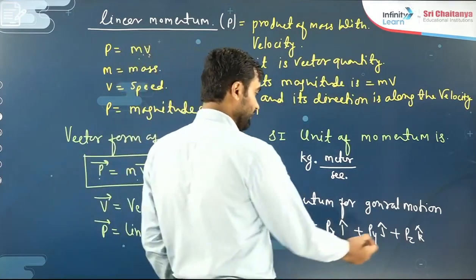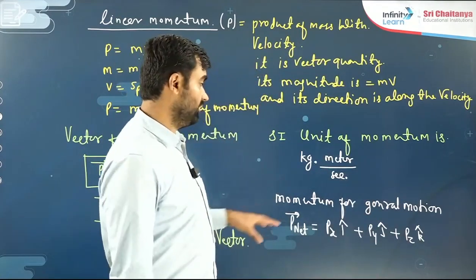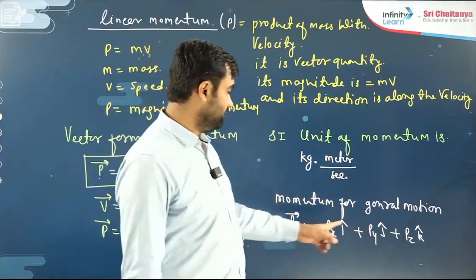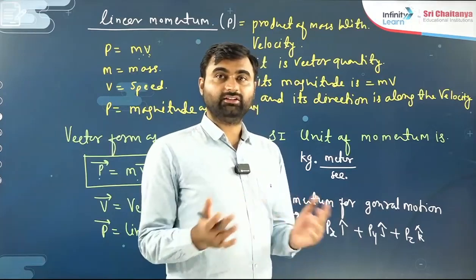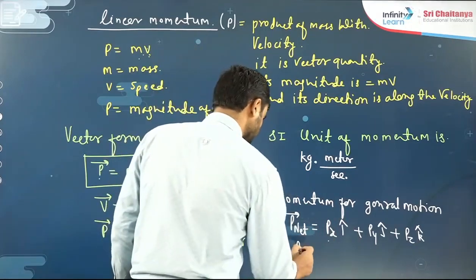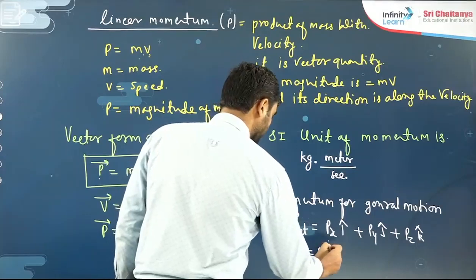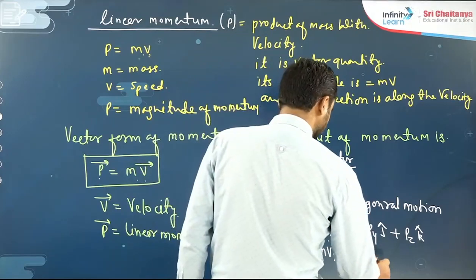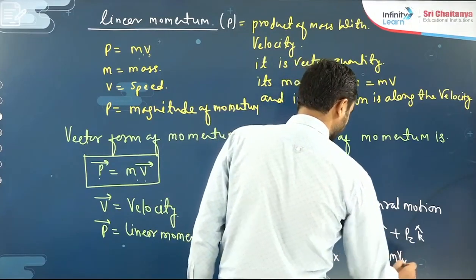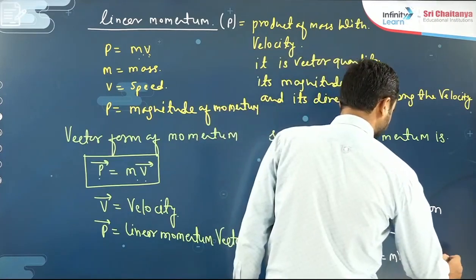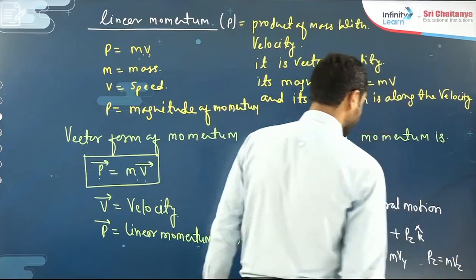So this is the net momentum we have to write for a general body which is moving in all directions x, y, z. Now you can write the formula. Px formula is mvx, right? Py formula is mvy, and pz formula is mvz.